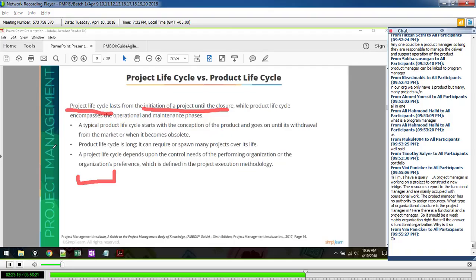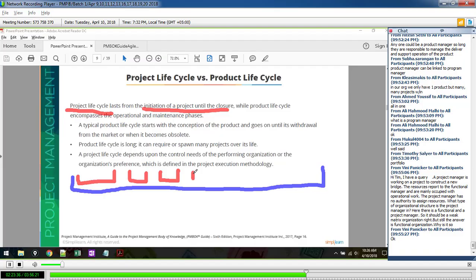A product life cycle can start here, and that could be the first project which creates the product. But then what do you have? Well, you release it into the market or you put it in operations. That's another project. You want to change it a little bit. You want to do marketing campaigns. Each one of these are projects, right?